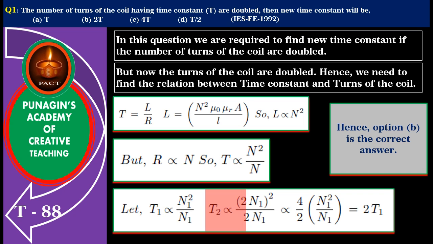Let T2 be proportional to (2N1) whole squared divided by 2N1. By solving, we get T2 is equal to 2 times T1. Hence, option B is the correct answer.